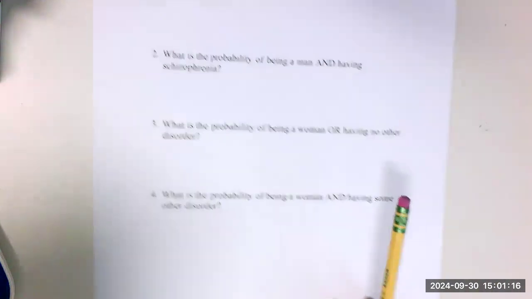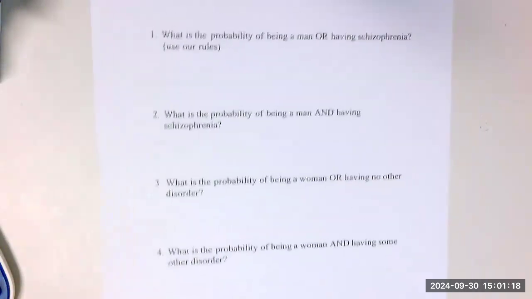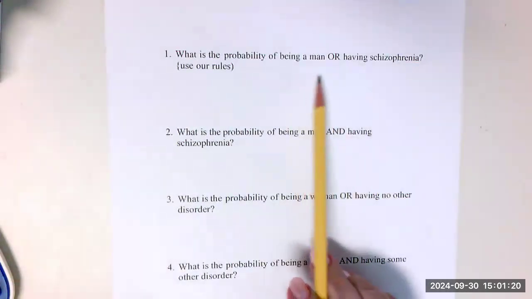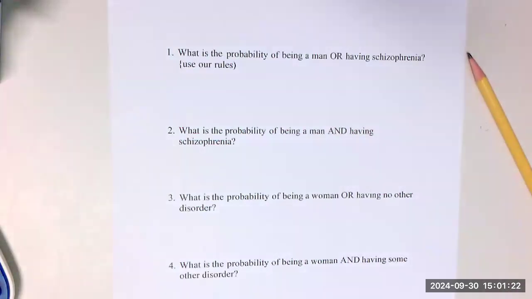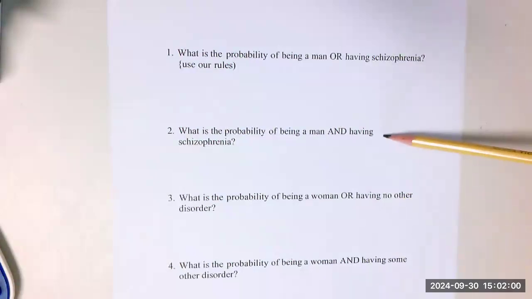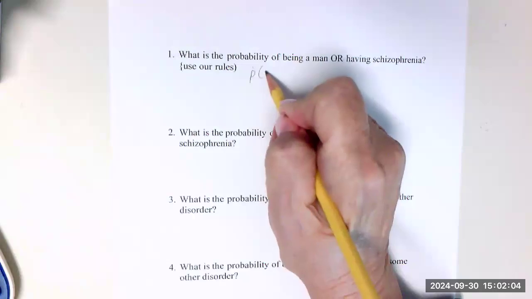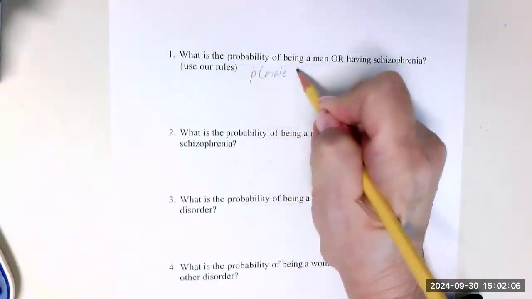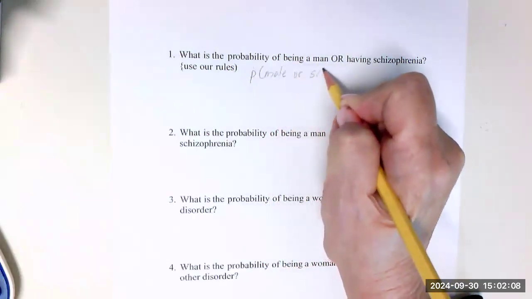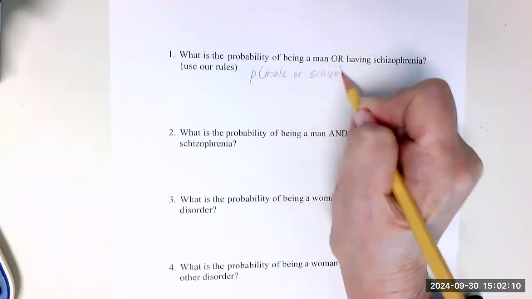What is the probability of being a man or having schizophrenia? Using that data that we just looked at, we can answer these kinds of questions. Here, we want to know the probability of being male or having a schizophrenic diagnosis.